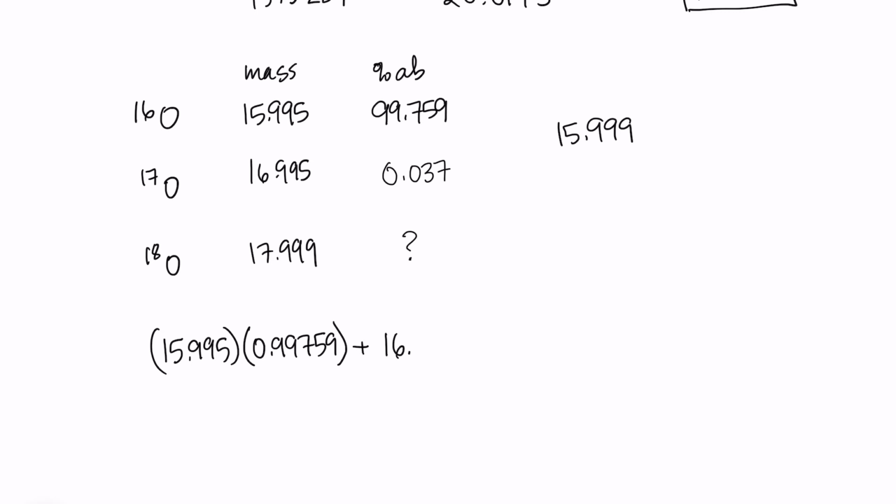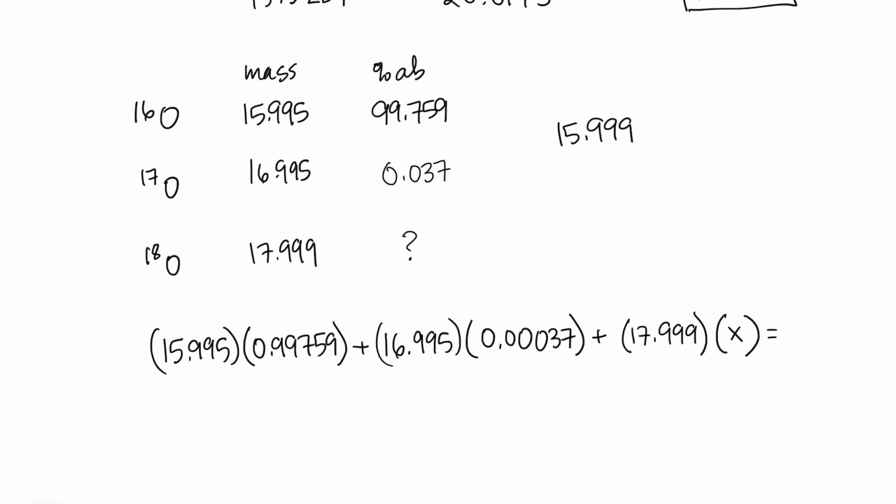I'll add my oxygen 17, 16.995, times 0.00037. That's changing that percent to just a regular decimal. And then the last one, I've got 17.999, but I don't know what the percent abundance is. When I add those all together, I should get 15.999.